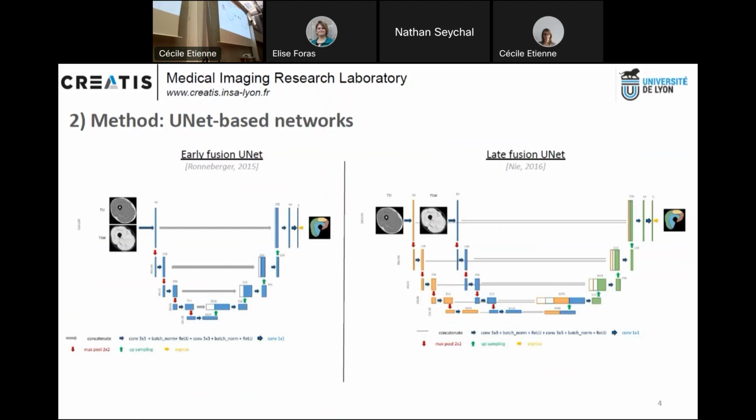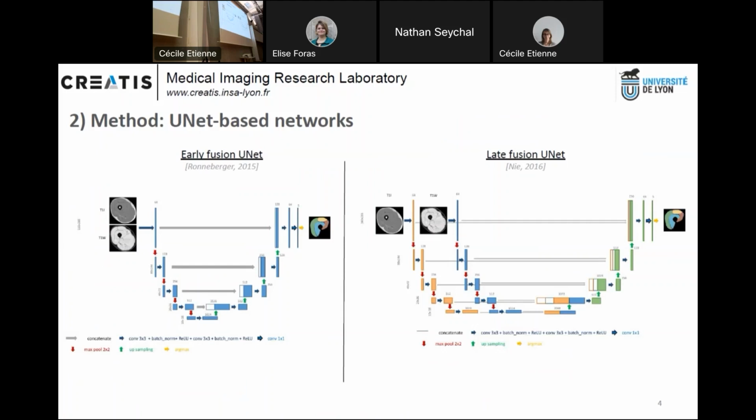In order to compare the information that we can get from the different types of Dixon images, I tried different combination at the entrance of the convolutional neural network. So I tried only one, every image separately. I also tried every pair of images, and I finally tried all of the images all together.